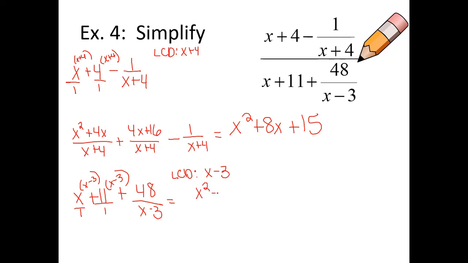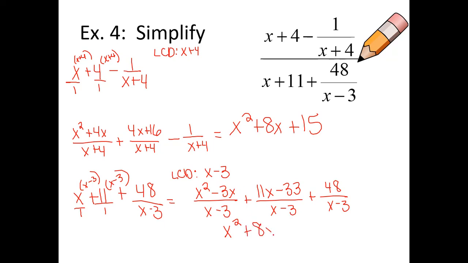So I'll get (x² − 3x) over (x − 3), because I multiplied the x in. I'm going to multiply my 11 in. Adding 48 over (x − 3). Okay, so this is going to simplify down to x² + 8x + 15.